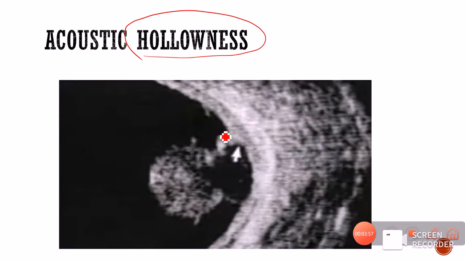You can see the mushroom shaped growth, and here there is an echo-free zone, black in color, which is the zone of acoustic hollowness because of necrosis at the base of the tumor. At the same time, if you trace the choroid, it should have continued like this. However, you can see this excavation in the choroid, and this has occurred because of the mass effect of the melanoma.